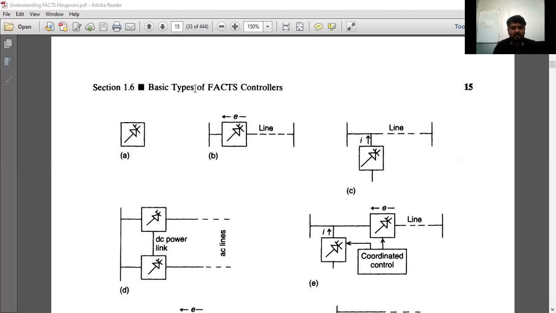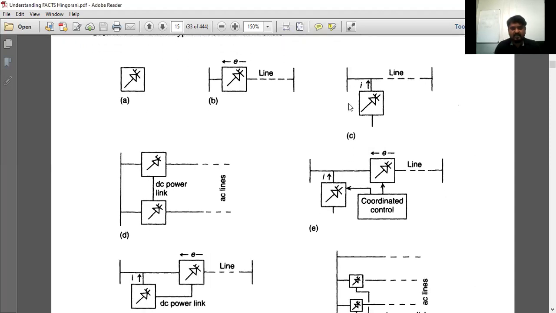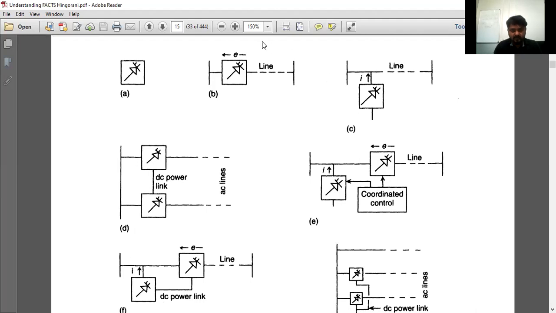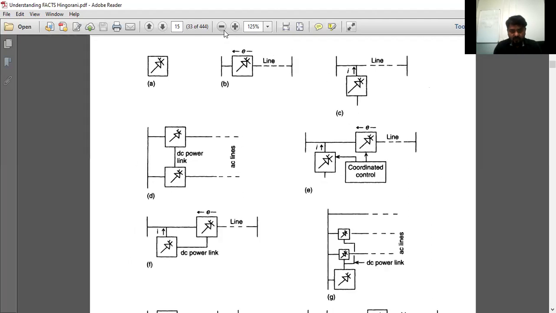Okay, listen now. See, this is the FACTS controller actually. The controller diagram, using here. This is the FACTS controller. In one phase, I will look at all the things.